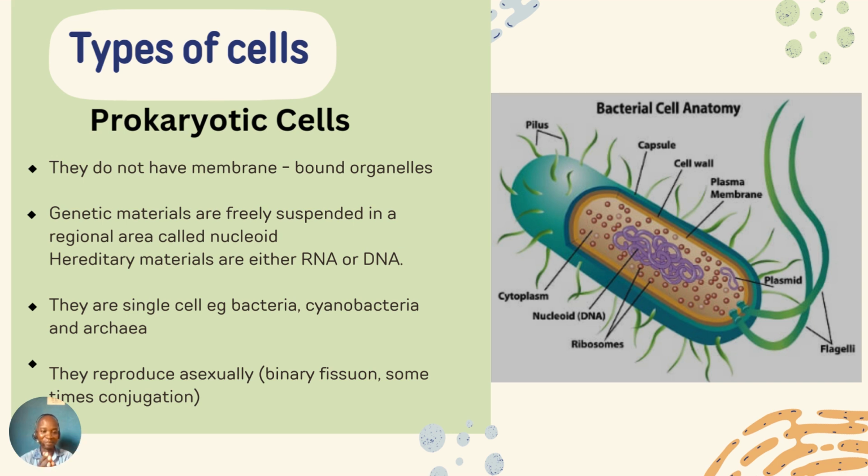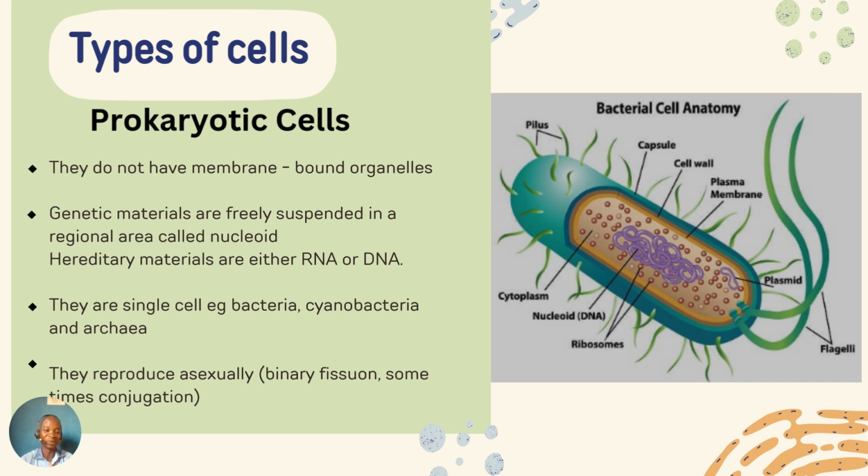So it's not really membrane bound, so it flows to parts of the cells, but where it concentrates is the nucleoid. The genetic hereditary materials could be RNA, ribonucleic acid, or DNA, deoxyribonucleic acid.